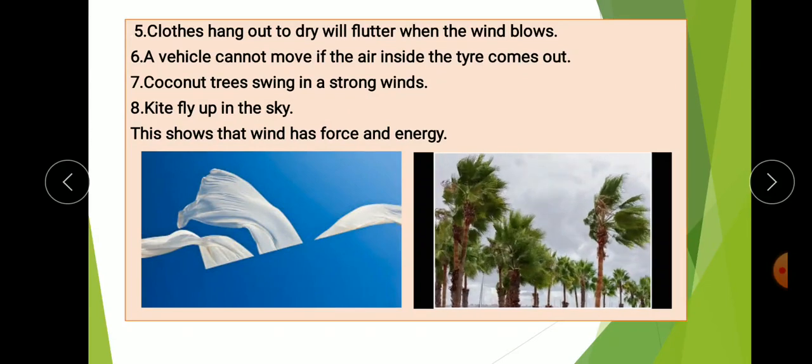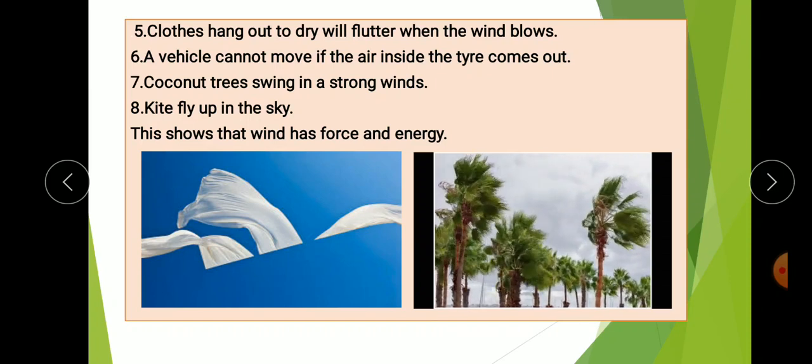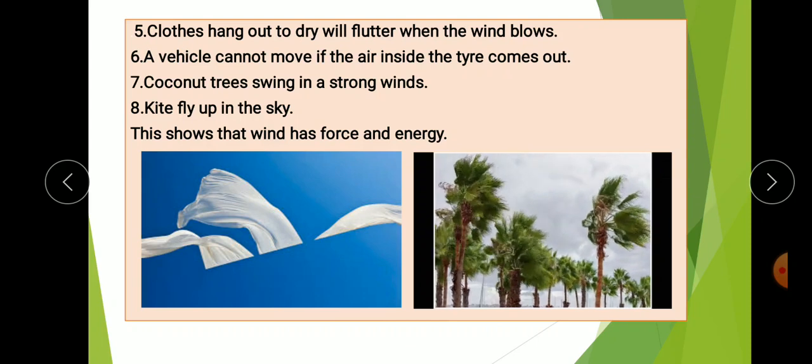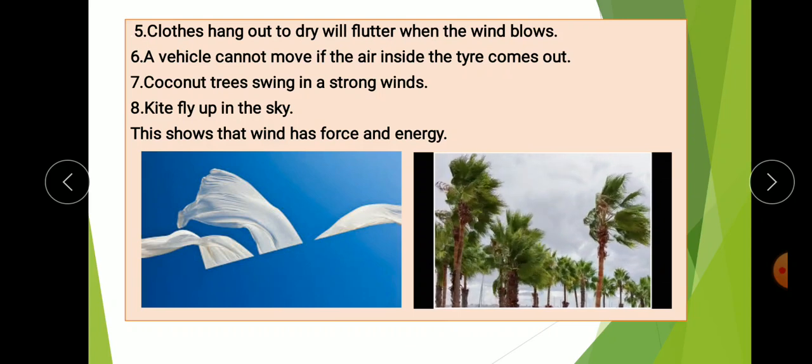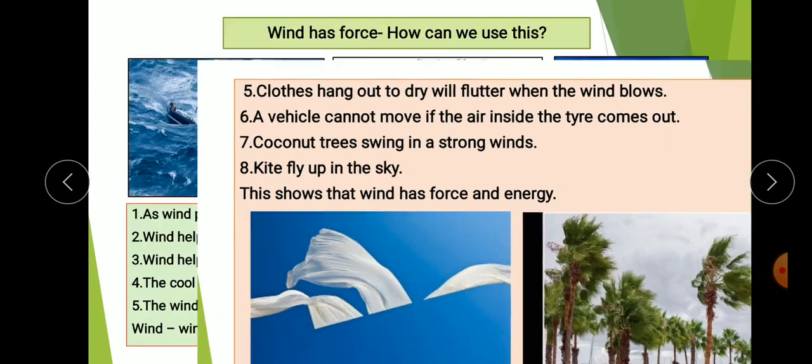If heavy wind is blowing, the roofs of houses are carried away, and not only roofs of houses, but other things like trees, clothes, papers, and even when we are walking on the street, we feel the wind pushing us, because wind has a large amount of energy and it has a force. This shows that wind has a force and energy.